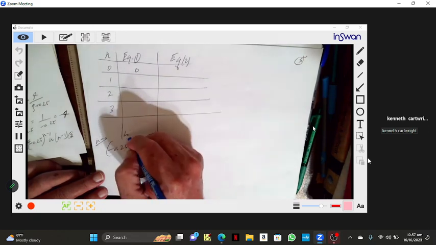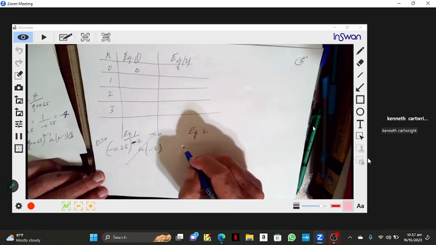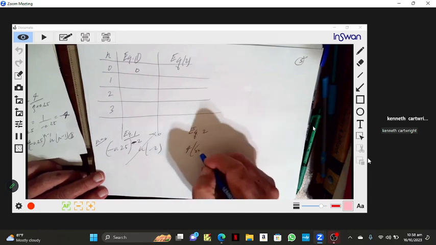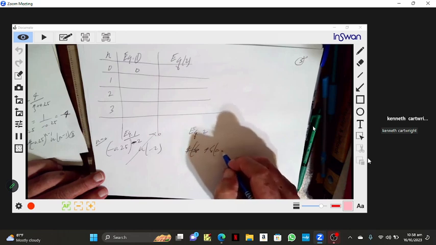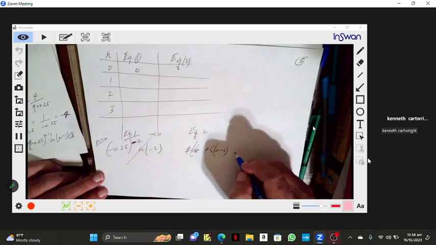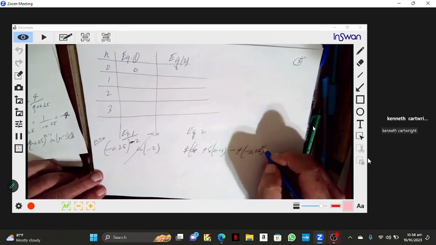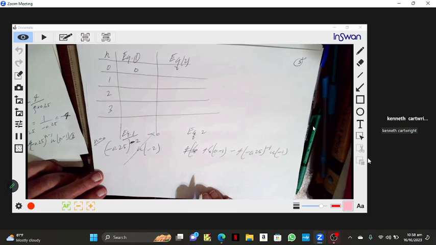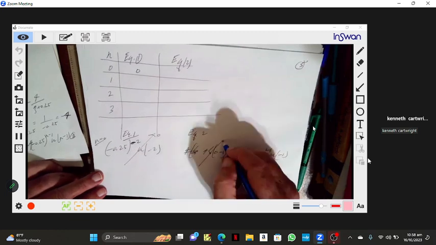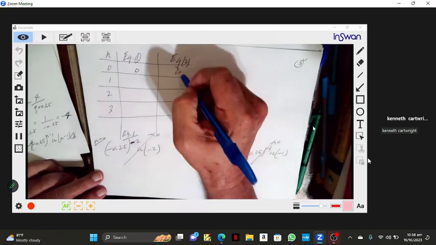Equation 2 is 4 delta of 0 minus 1, minus 4, negative 0.25 to the power of negative 1 u of negative 1. Delta of negative 1 is 0. U of negative 1 is 0.